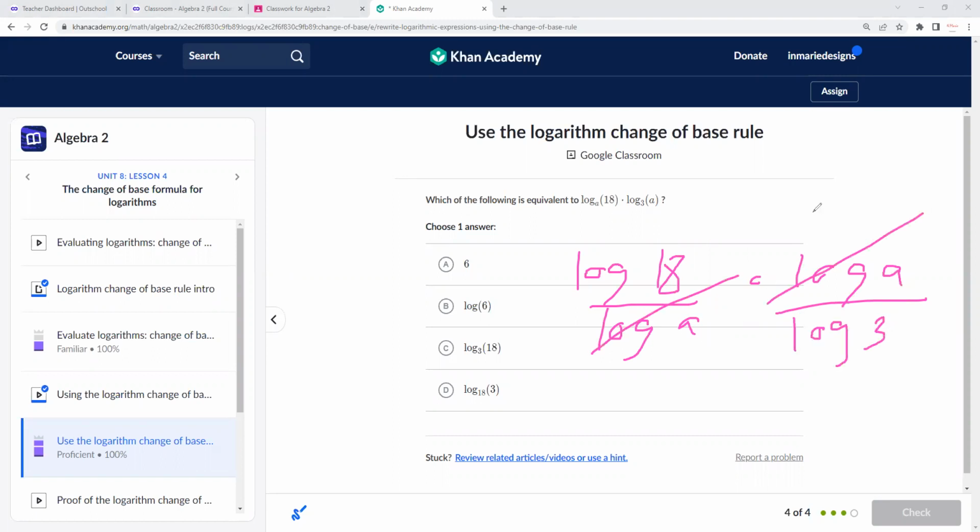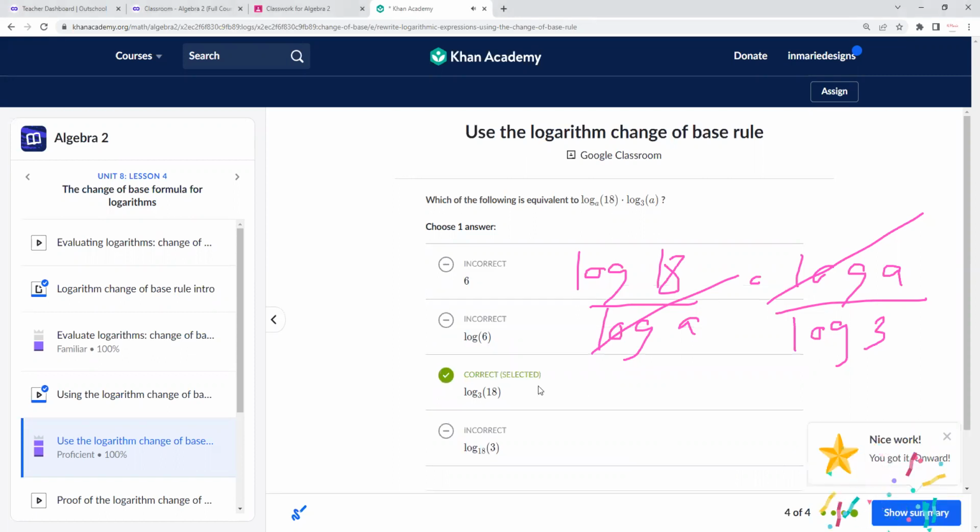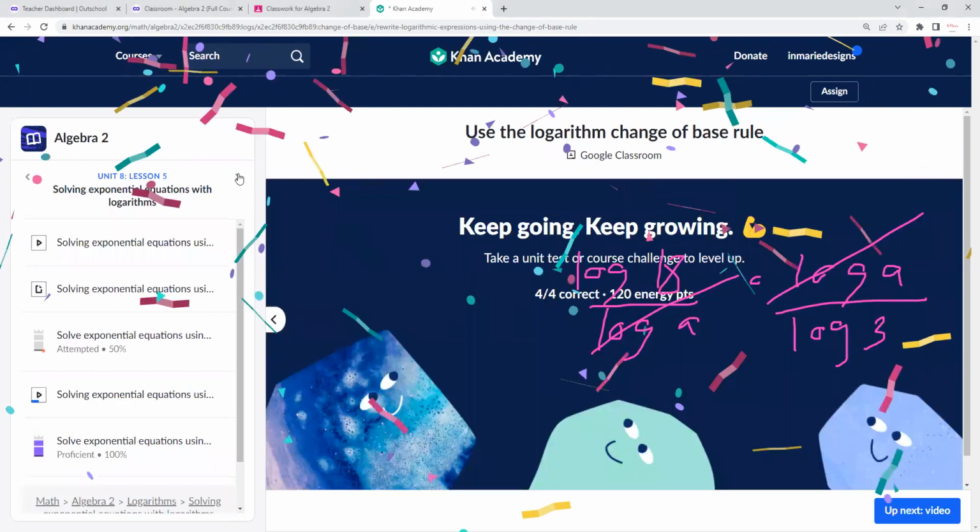These cancel out. This gets you log 18 over 3. No, do not divide them. So let me put it in my calculator. Hold on. Log 18 divided by log 3. Yeah, don't divide it. Just leave it like this. Argument, base. So that's how you do those.